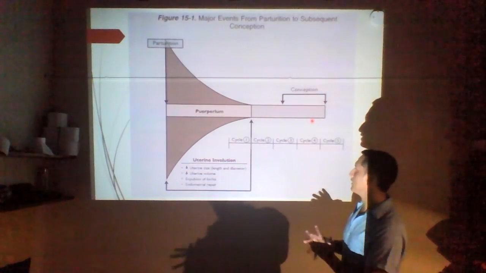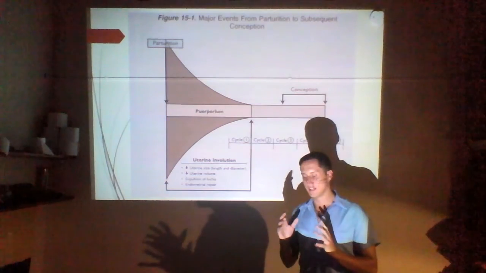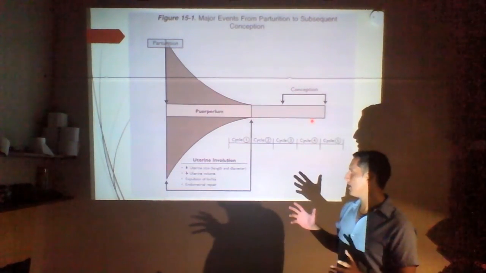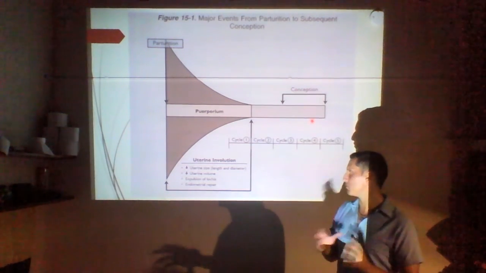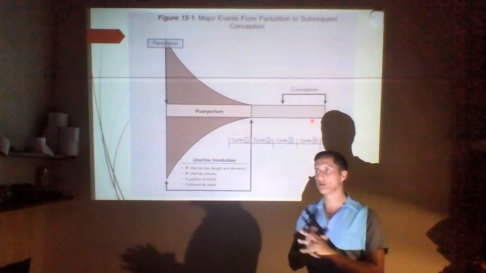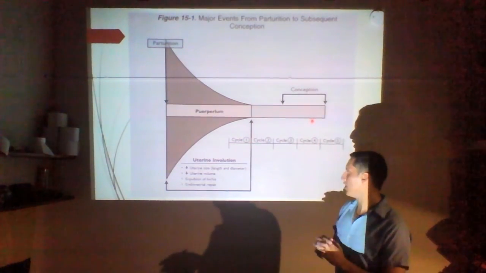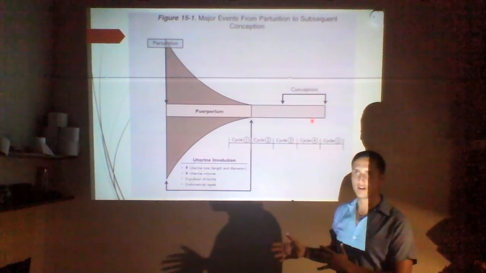The puerperium is the part where the uterus is going to reduce to the normal size it had before being pregnant, and there is going to be an expulsion of the volume, the lochia and the placenta, and also an endometrial repair.